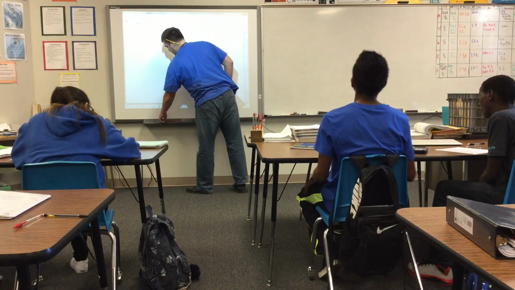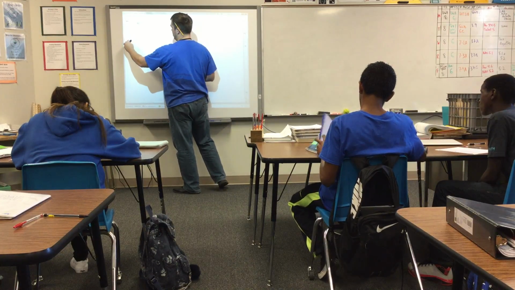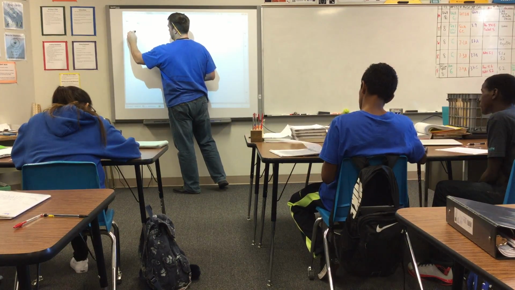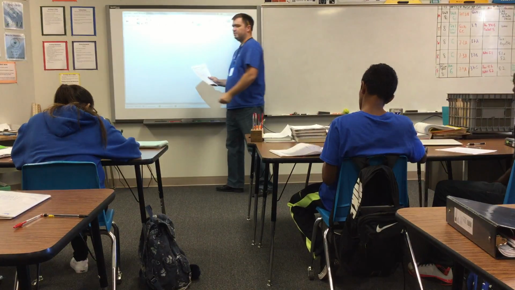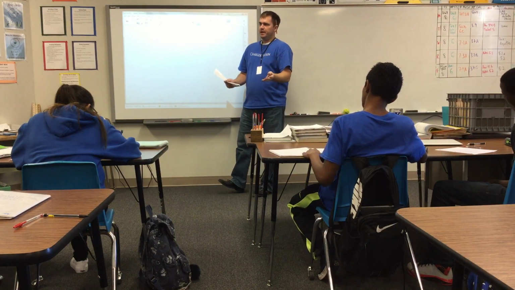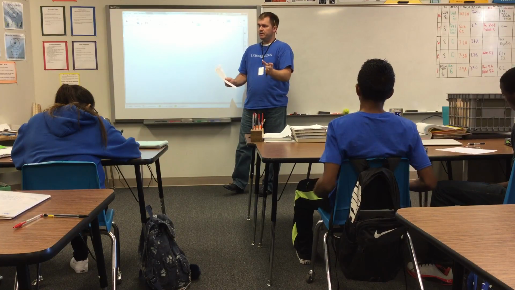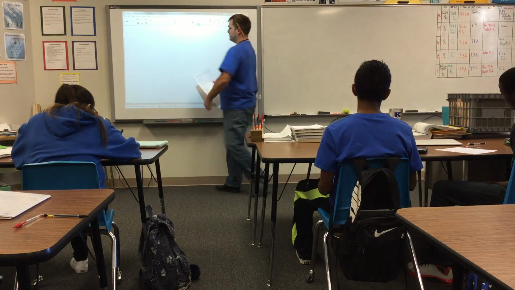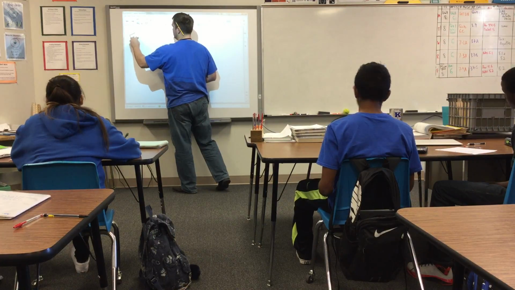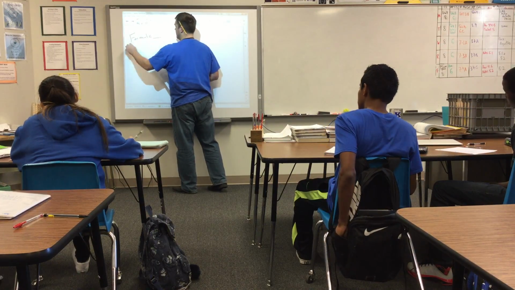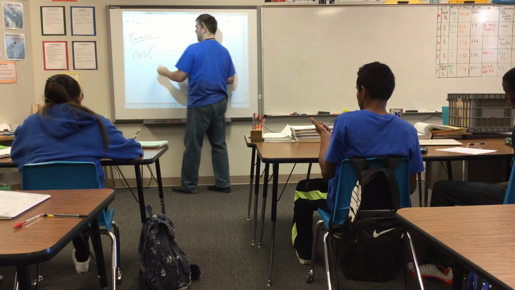So yesterday we finished talking about a formula for how to find at least the cosine of an angle that wasn't on the trig chart. We did all sorts of crazy work, and we ended up with a formula: cosine of alpha minus beta.